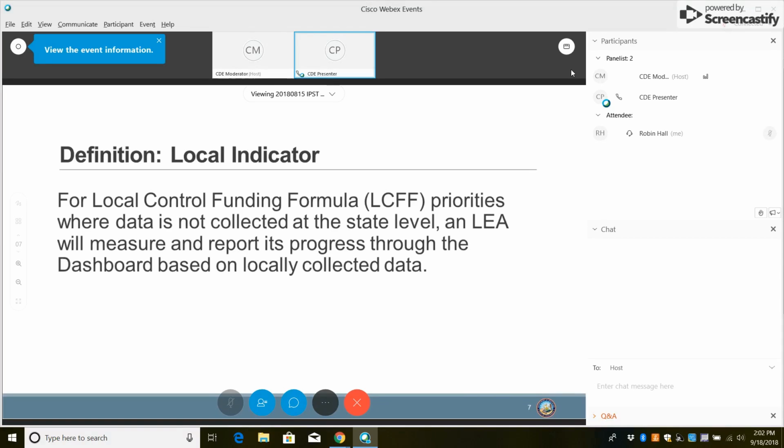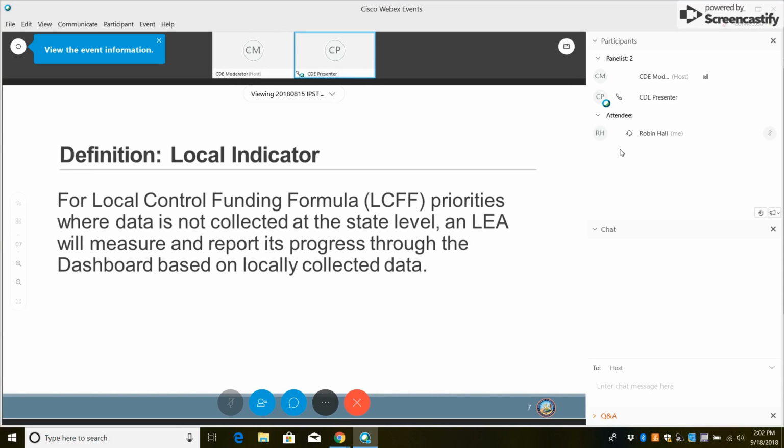So what is a local indicator? The evaluation rubrics are required to have performance standards for all 10 state priorities, with 9 and 10 being for County Office of Education only.